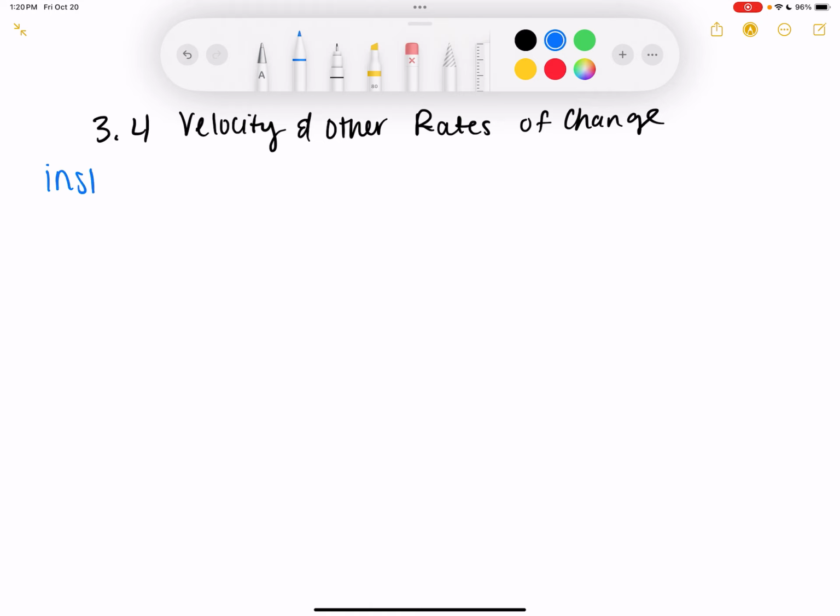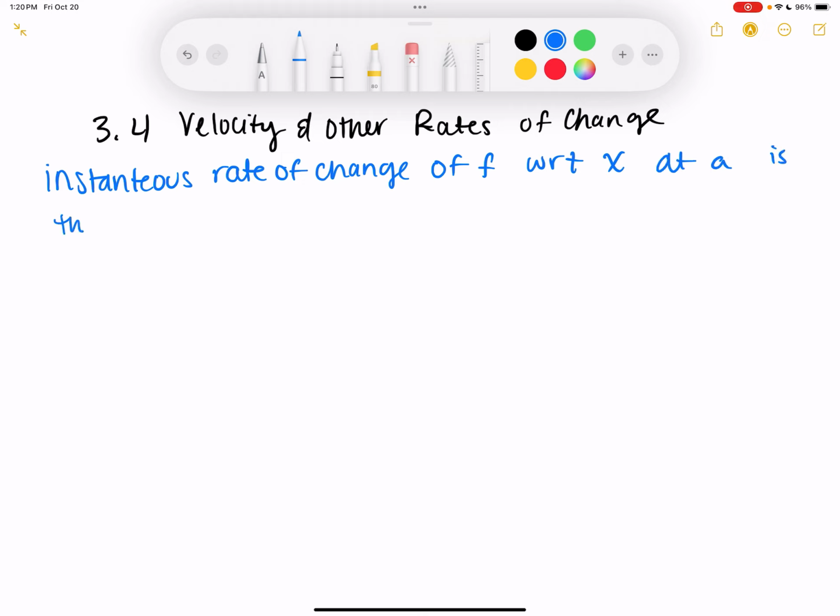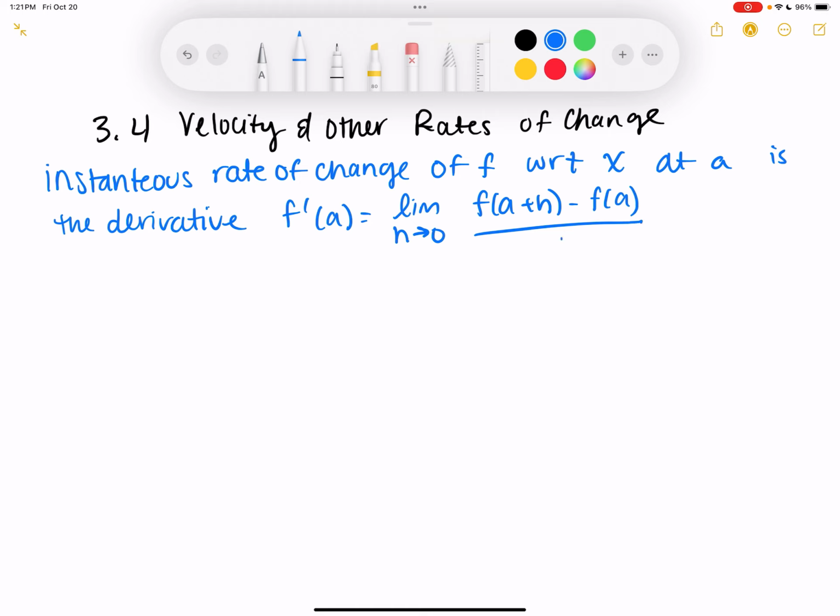So instantaneous rate of change, which we've been seeing a little bit here and there, of f with respect to x at a is the derivative f prime of a, equal to the limit as h approaches 0 of f of a plus h minus f of a, all over h, provided the limit exists.